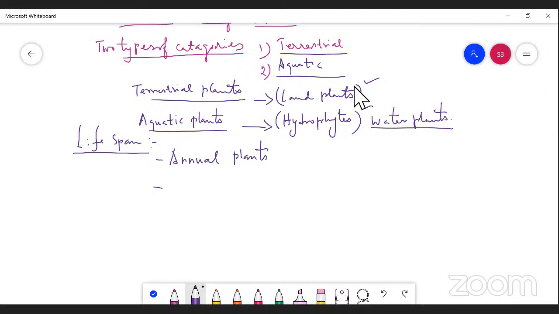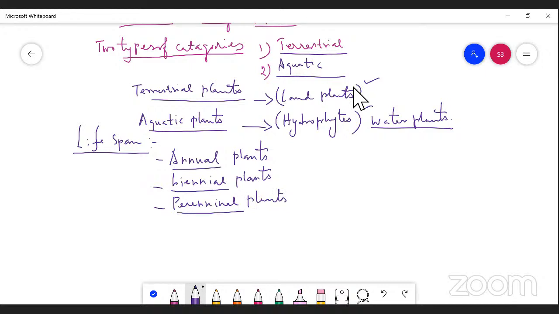Another is biennial plants, and the last one is perennial plants.